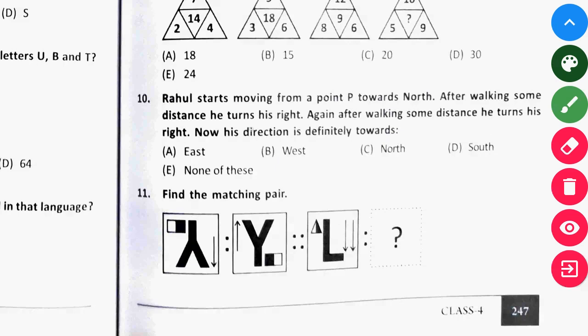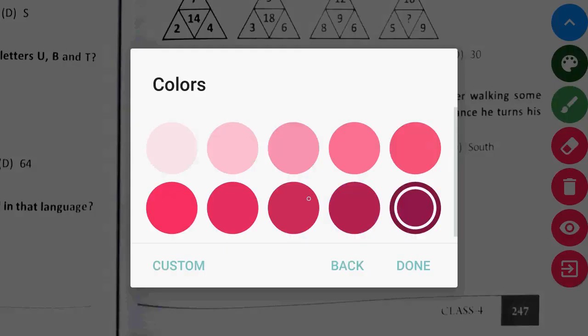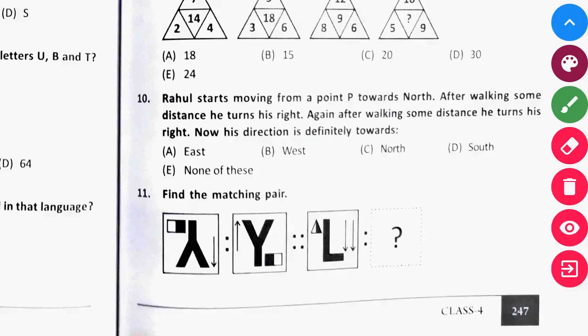Okay. Rahul starts moving from a point P towards the north. After walking some distance, he turns right. And again after walking some distance, he turns right. Now, his direction is definitely towards? This question is also a tricky question. So here what we are going to do first is we draw a direction bar.